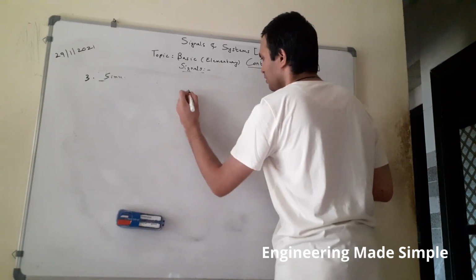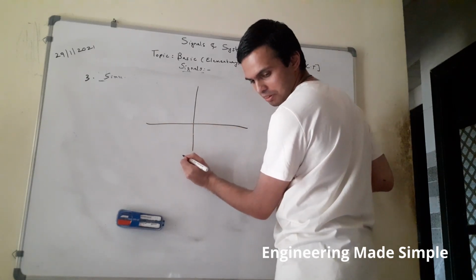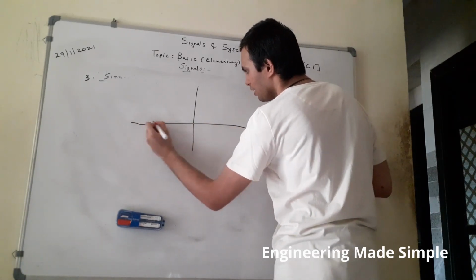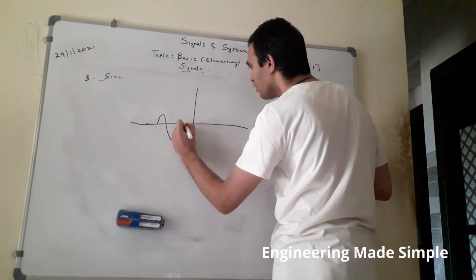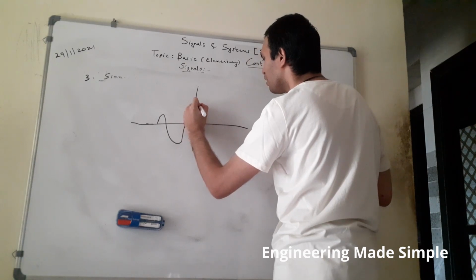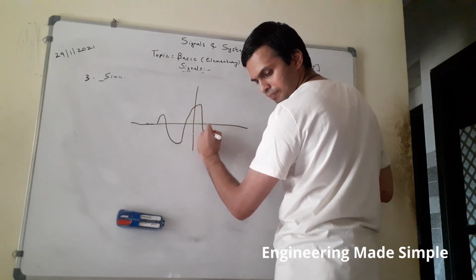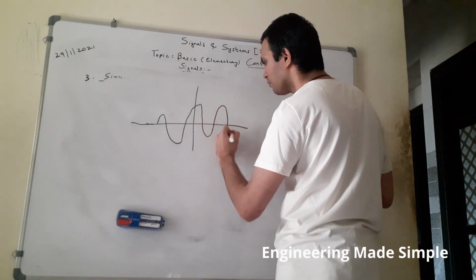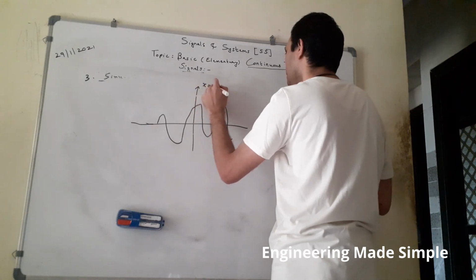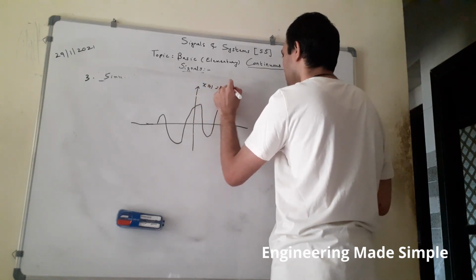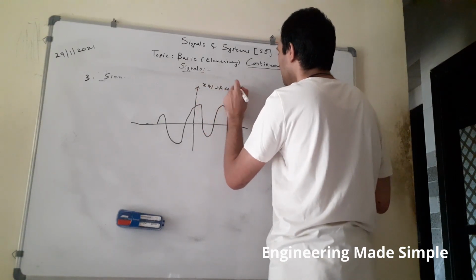So cosinusoidal signal. Now once again I will try its plot, to explain its periodicity. So this is x of t is equal to a cos omega naught t plus theta.